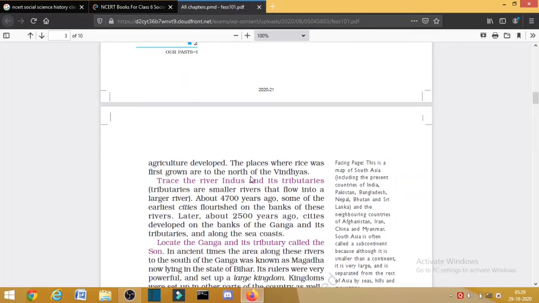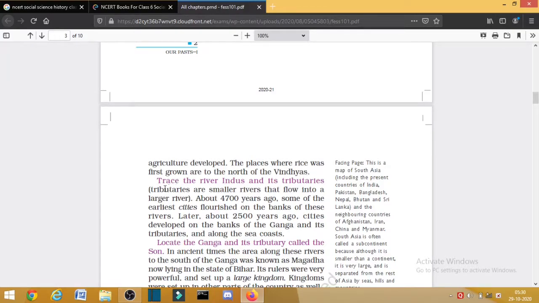The places where rice was first grown are to the north of the Vindhyas. Rice, the main food crop for us. We are eating rice. So, see here, the places where rice was first grown.